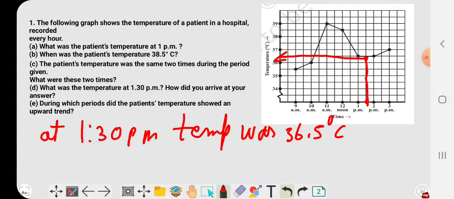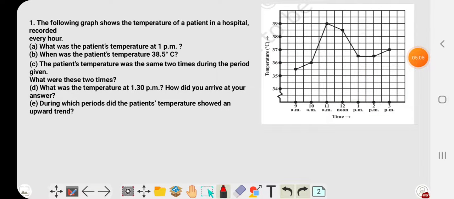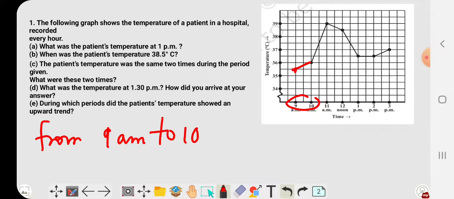Now part E. During which period did the patient's temperature show an upward trend? Let's read the graph again. Upward trend means where we see the temperature going from lower to higher. This was the initial temperature, it was raised here. So from 9 to 10, the answer will be from 9 a.m. to 10 a.m. Are we getting any further upward trend?